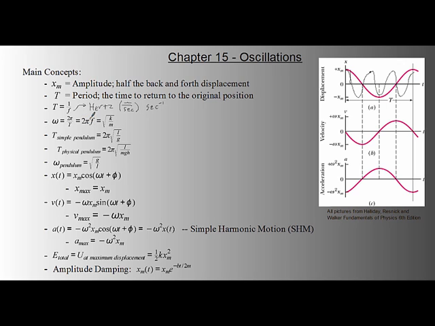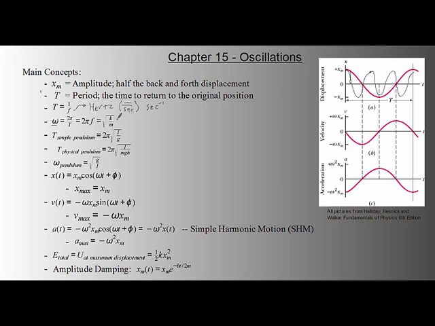And so this value has a unit of radians per second. So we replace the nothing up here with radians. And so you can see that just as period is the inverse of frequency, period is the inverse of angular frequency. The only difference being the 2 pi radians here.